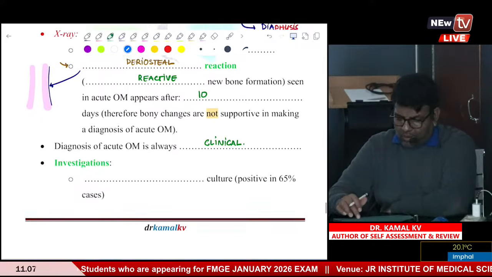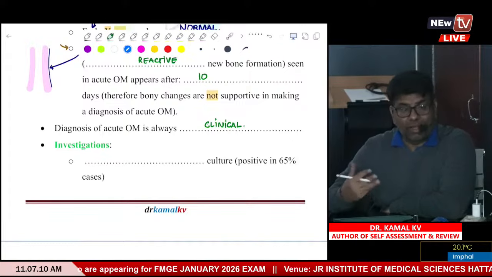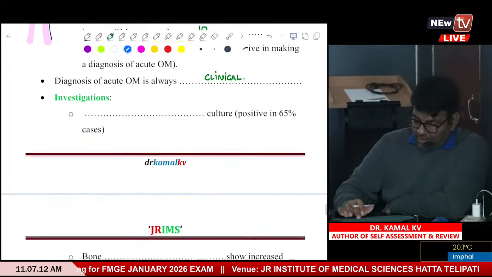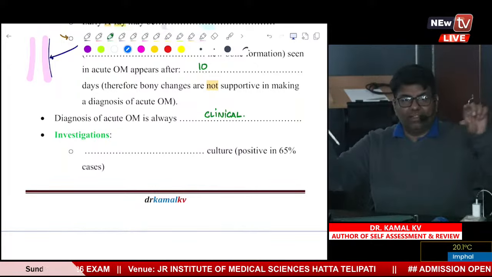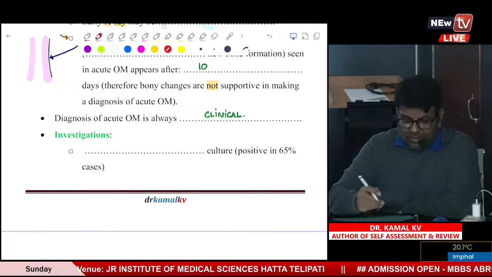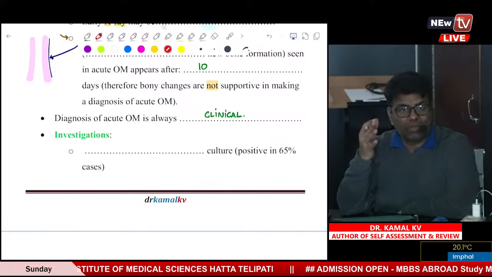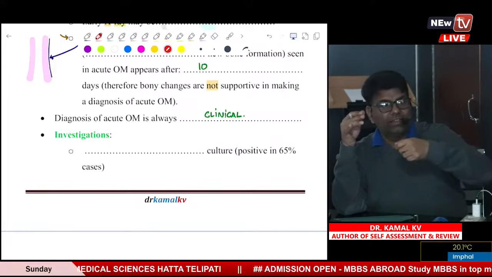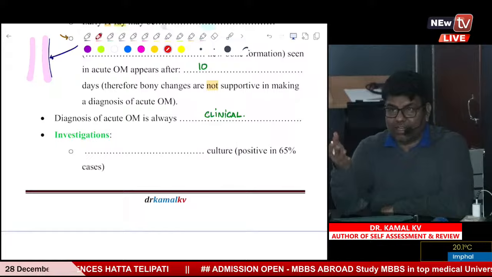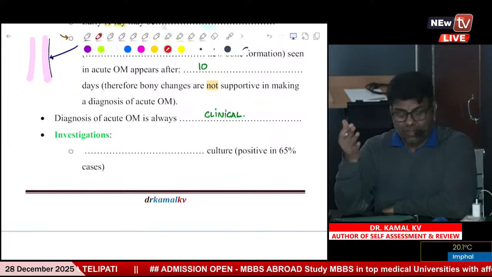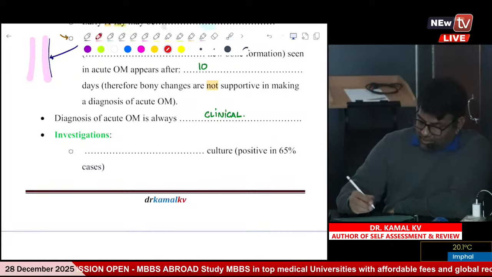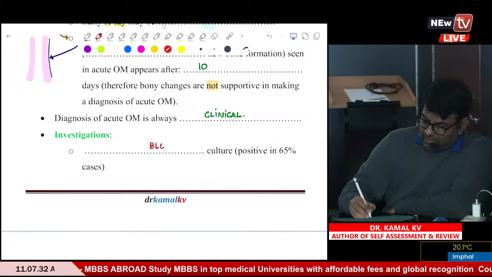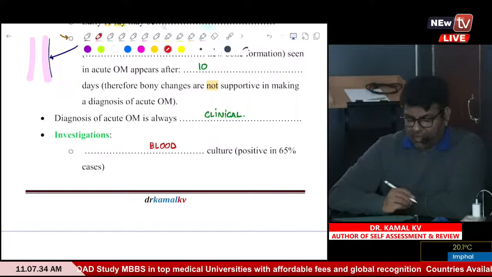So what are the options with us to make a clinical diagnosis? We know that bacteria is roaming within which channels? Blood channels. So what we'll do, we'll take a sample and we will send it for culture. We will try to grow the offending bacteria. So this is known as blood culture.